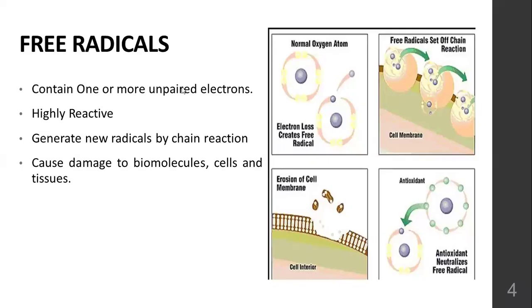The permeability will be lost. What should enter the cell? What should exit the cell? Control over that will be lost. Anything can enter the cell, cause damage. Important things from the cells can leave the cell, cause some deficiency. These things can happen.